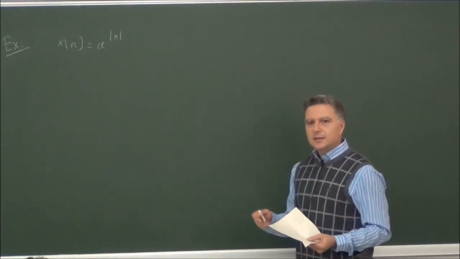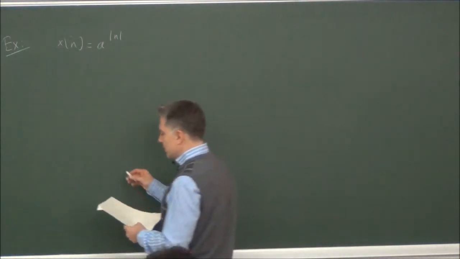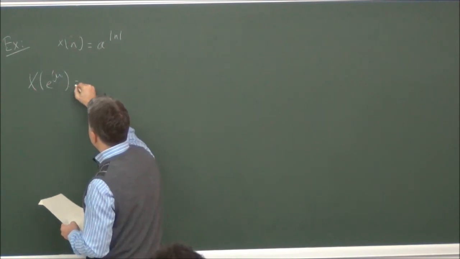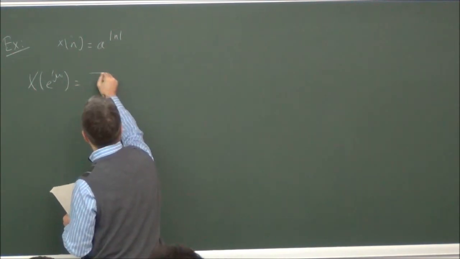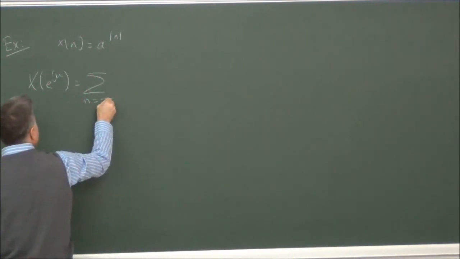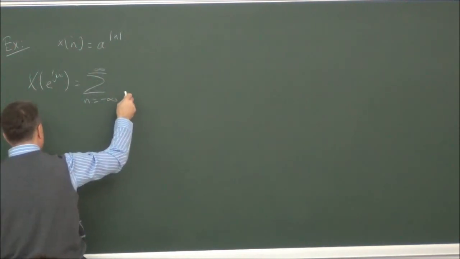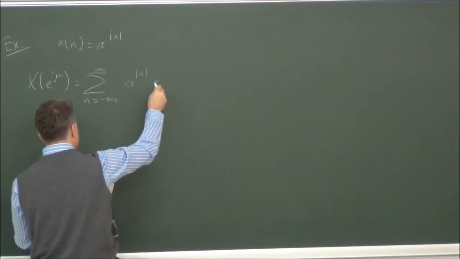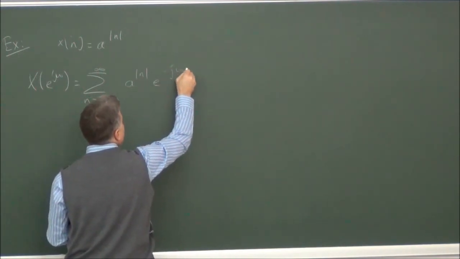Let's start by writing the Fourier transform formula. What was the Fourier transform formula? It was X(e^{j omega}) is equal to an infinite summation from minus infinity to infinity, the signal times e to the minus j omega n.